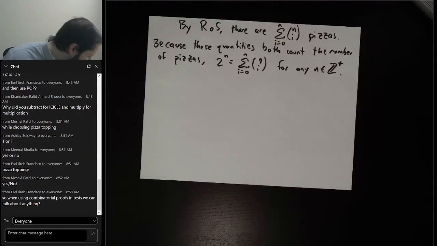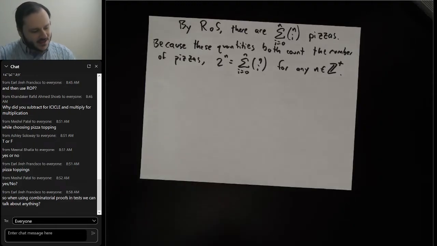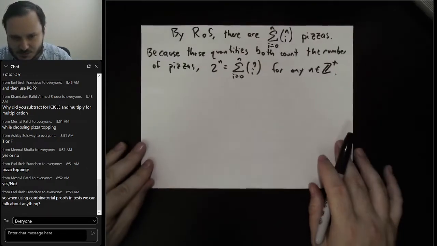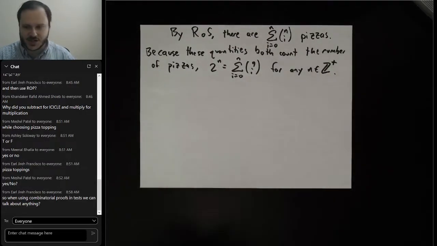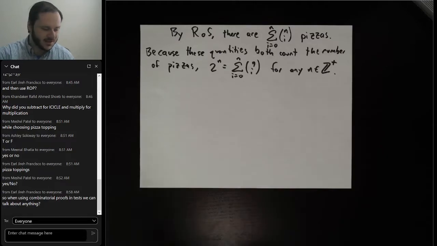I think that was enough stalling that if anybody had questions, they would have asked. So this result, this equality, actually comes from something else I want to talk about.